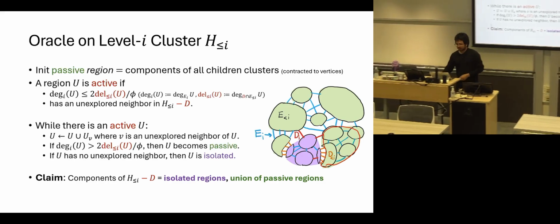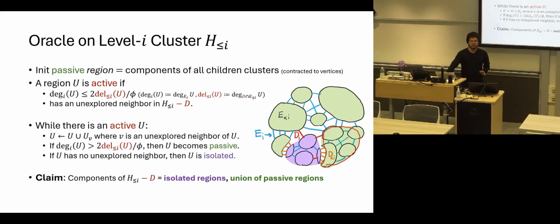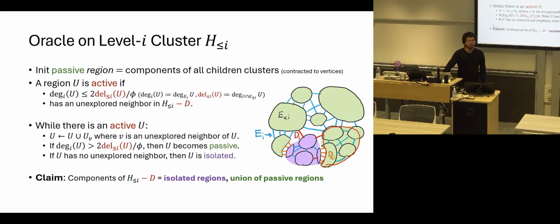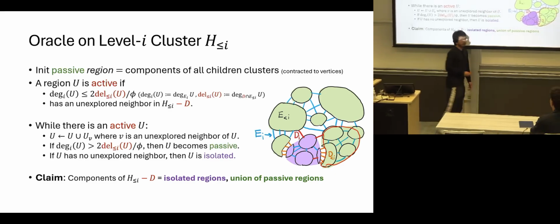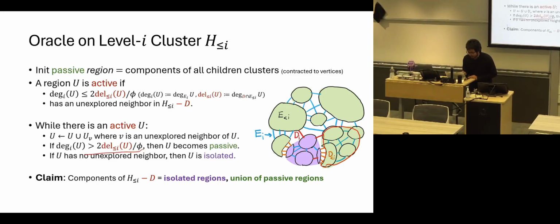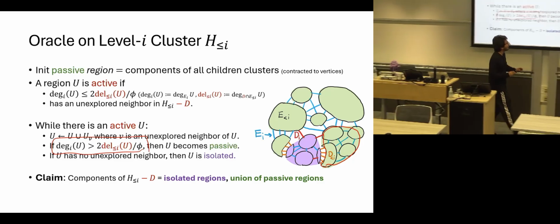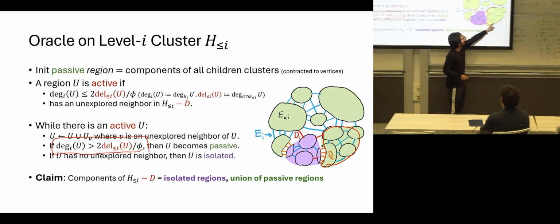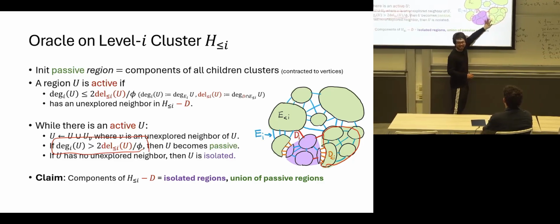So the algorithm is very similar to the previous lecture's algorithm. Super similar, except that the only difference is really what the threshold is. Here you count the number of blue edges compared with red and orange edges.